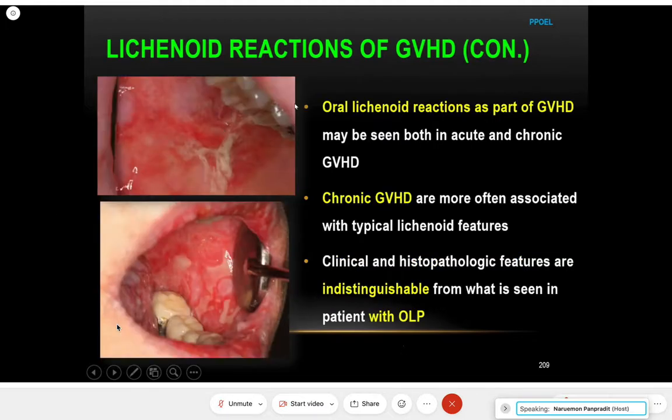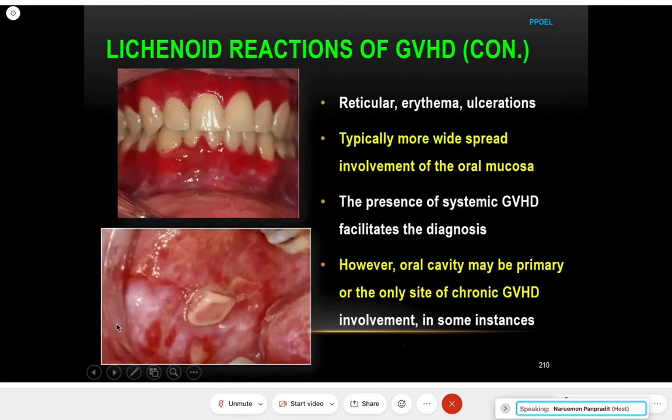And this is an example of the lesion. It looks red, or ulcer, or a white line striation. And chronic graft versus host disease is not only an oral lesion, but there is another lesion on the skin as well. In the oral cavity, I will show that it looks very similar to oral lichen planus.